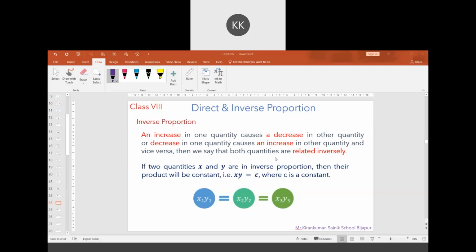Then we say that both the quantities are related inversely. If two quantities x and y are in inverse proportion, then their product will be constant. In the previous direct proportion, their ratio was constant. In the inverse proportion, their product is constant.